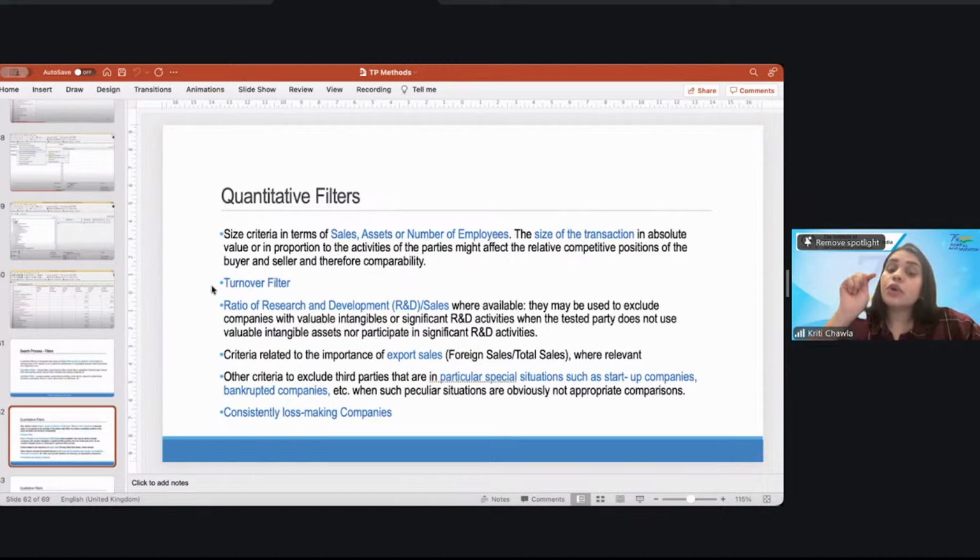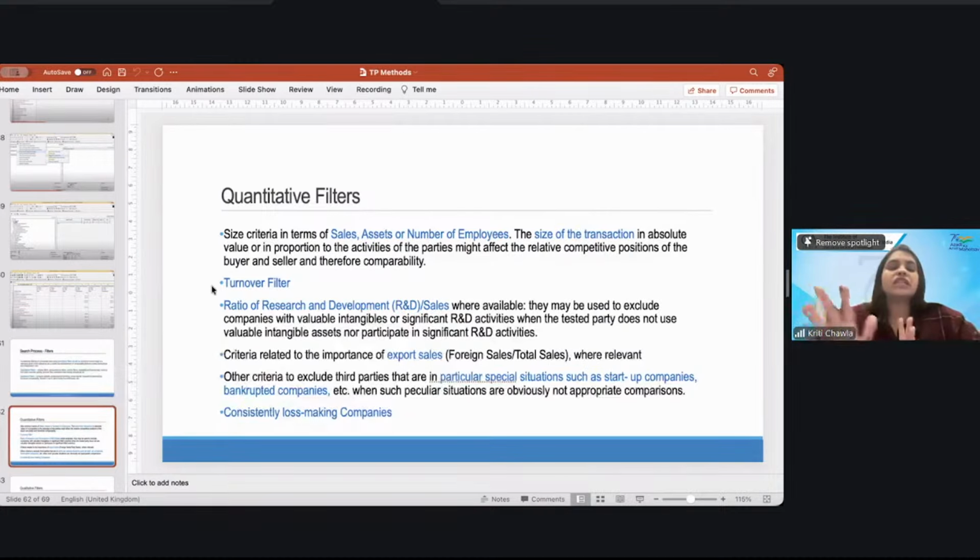However, if your taxpayer is a profit-making entity, and the comparable company has made a loss in just 1 year, otherwise it was profitable, then you wouldn't want to exclude them. This could be an abnormal situation, this could be anything, and it's okay to compare it. But if it is a consistently loss-making comparable, then you would want to exclude it.